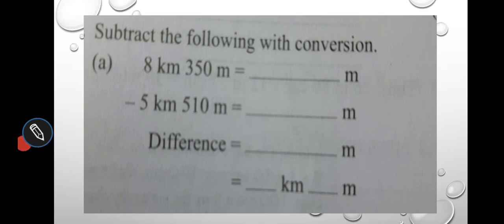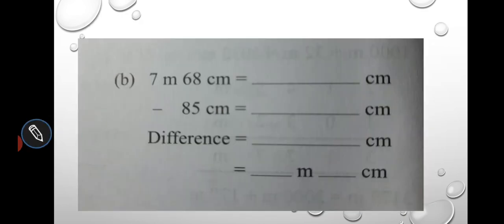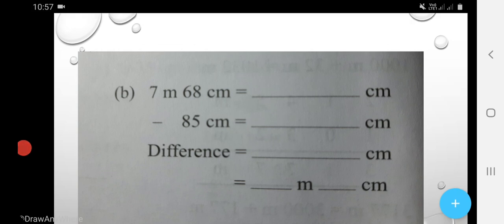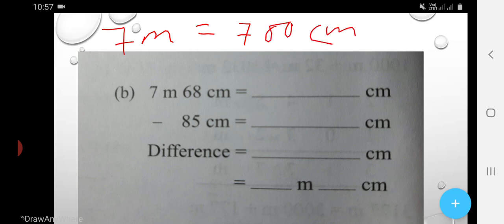Now come to the next. Here 7 meter 68 centimeter, and the number which I have to subtract is 85. Here, 7 meter, if I convert this into centimeter, it becomes 700.